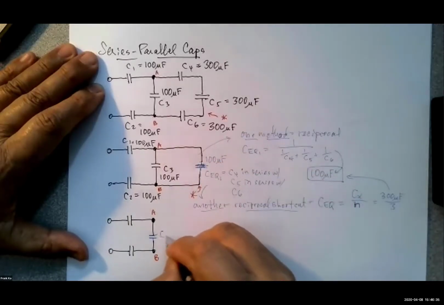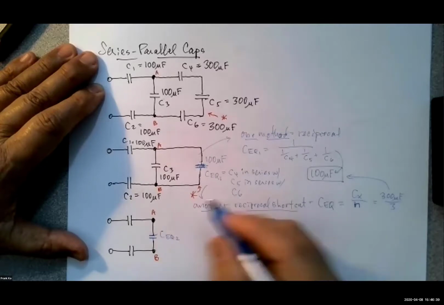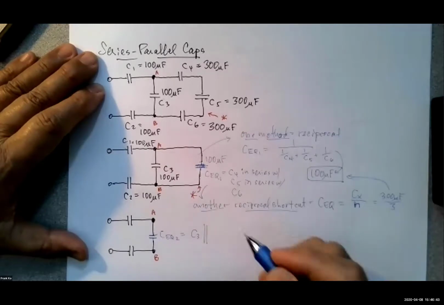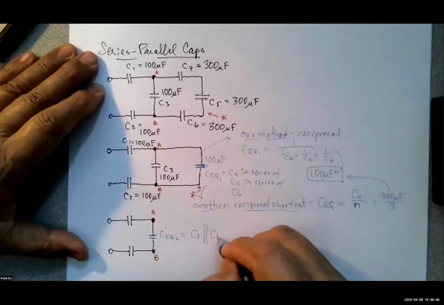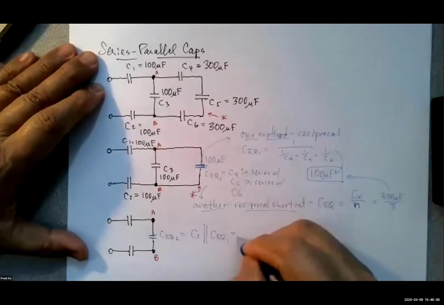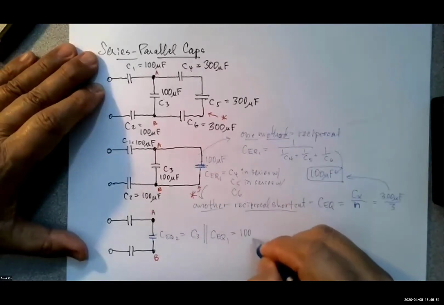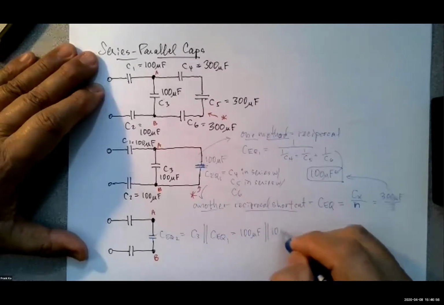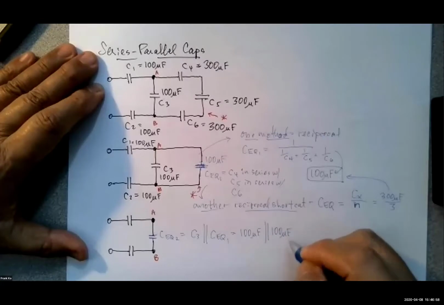This will be CEQ number 2. And CEQ number 2 was equal to C3 in parallel with CEQ number 1. So that means this is equal to 100 microfarads in parallel with 100 microfarads.